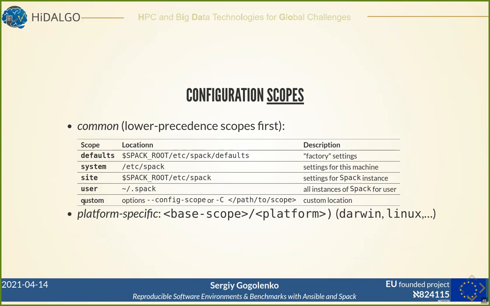And you can also use some custom folder with some configuration files as a config source. And basically, when Spack concretizes, it uses these configs in the following order. The most prioritized is custom scopes, and the least prioritized is default scopes.